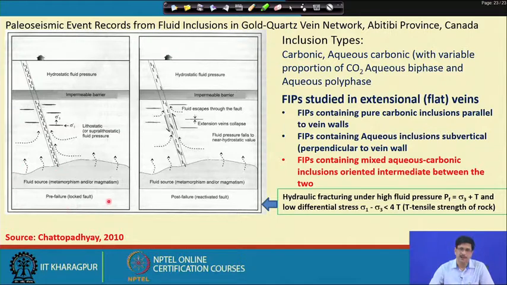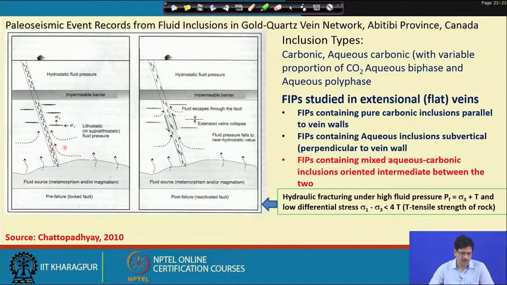There the fluid will essentially be a homogeneous aqueous carbonic fluid. The fluid generated in this particular compressive regime keeps on accumulating, and because of this impermeable barrier, it is not able to be channelized through whatever is available, such as a fault system.